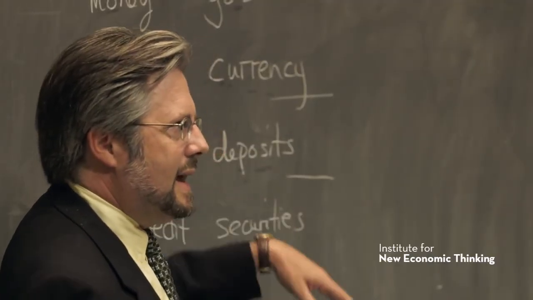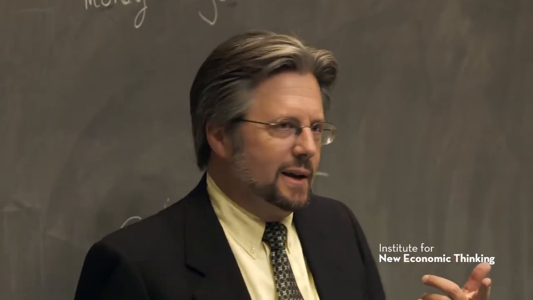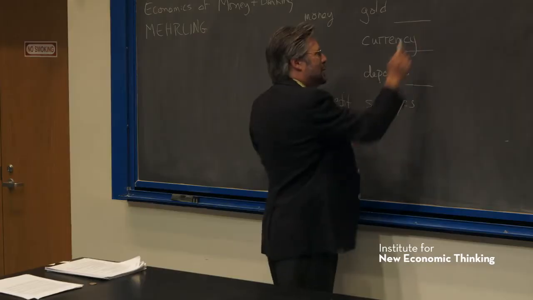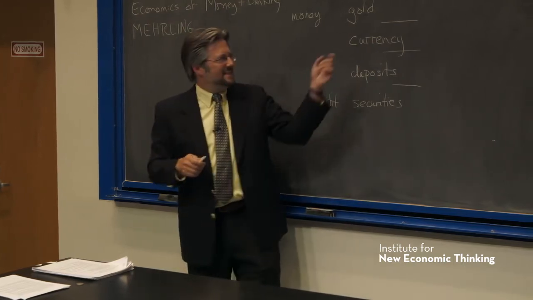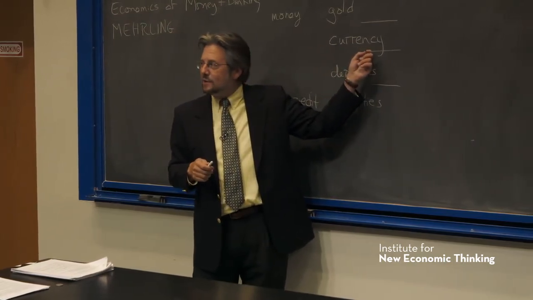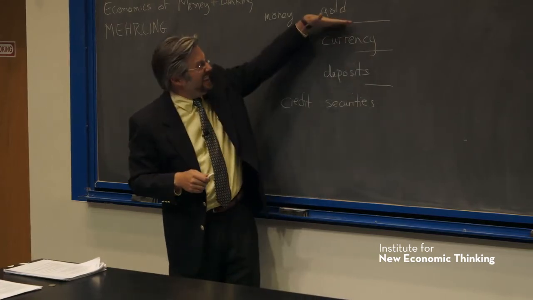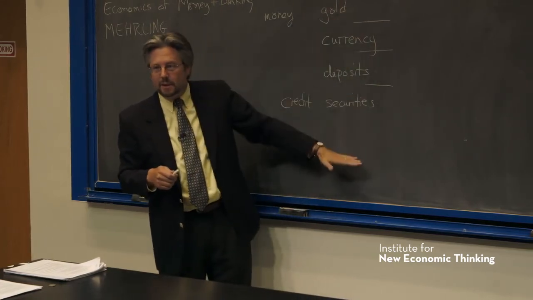And if you've taken a course in international monetary economics, you will know that it does you no good at all in paying international payments to have your own currency. You have to have the international currency. So money is everything above this line and credit is everything below this line.